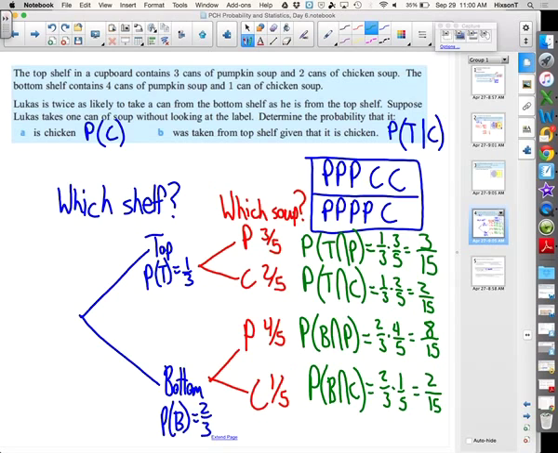Okay. But by the way, you're always going to multiply, the 1/3 times the 3/5. Okay? Now, there is some adding that we'll do. Okay? You'll notice part A here says, what's the probability that we get chicken? Well, there's 2 different ways we could get chicken. We could get chicken off the top shelf, or we could get chicken off the bottom shelf.